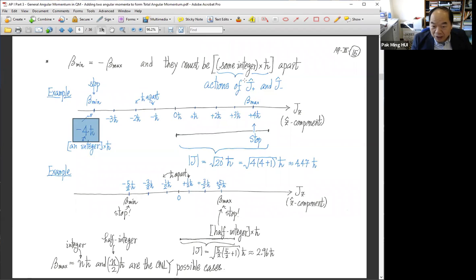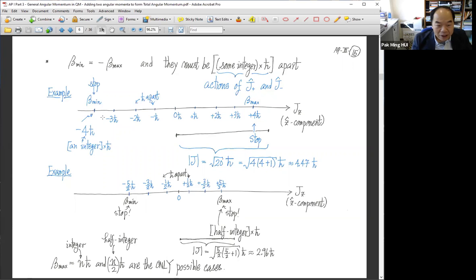And previously, we defined the action of the raising and lowering operators. These operators will take the Jz eigenstate to another one, but always in steps of h bar, either 1 h bar up or 1 h bar down. So that is to say, from the highest one to the lowest one, you must be able to do this. From here, h bar down, h bar down, h bar down, see my cross, and it will reach the minimum.